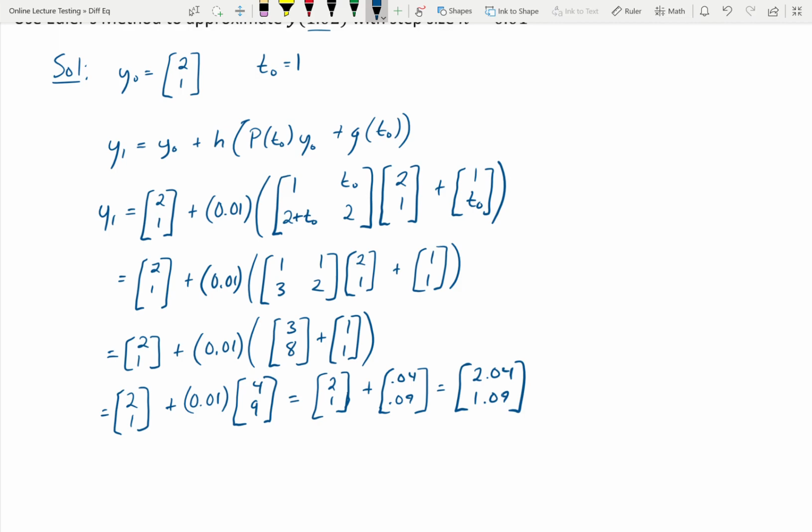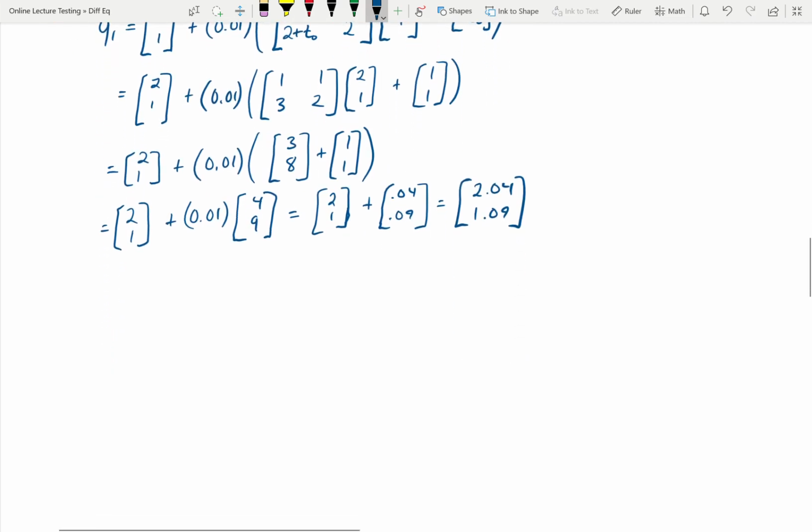So now we're going to use that for our next iteration. Our next step is when t1 is equal to t sub 0 plus h. So that's 1 plus 0.01. So we're now looking at the value at t equal to 1.01. This is an approximate value.